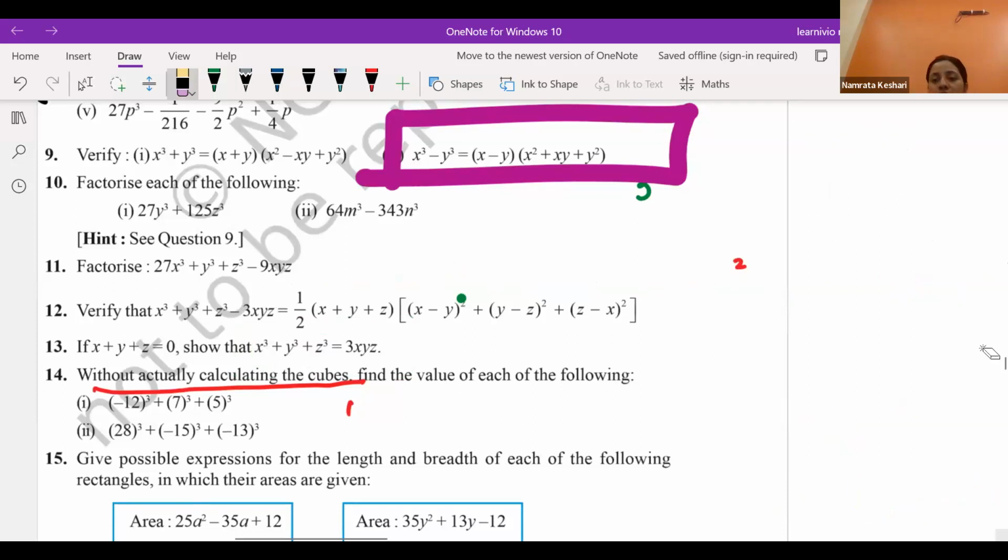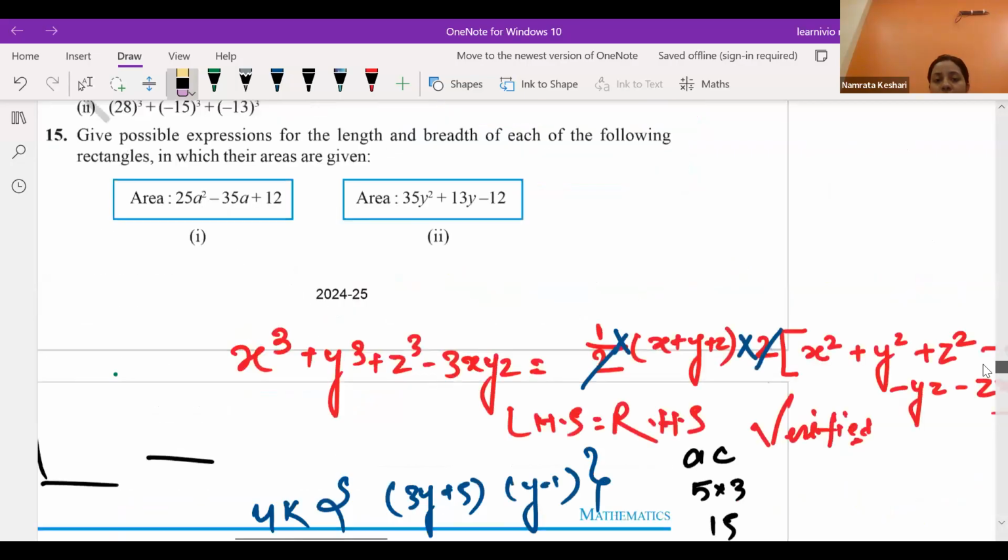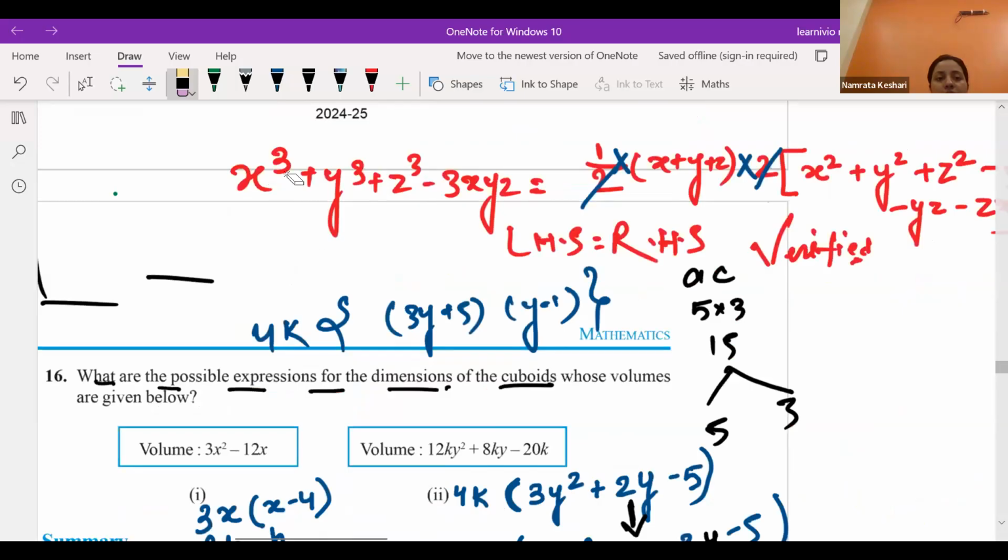Now the last part, that is question number 16, and then we are done with this chapter.